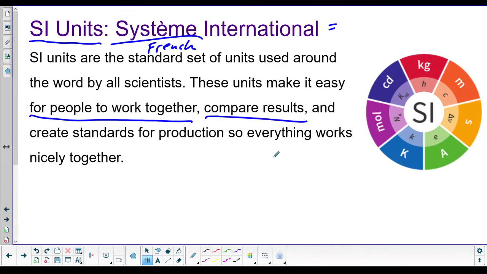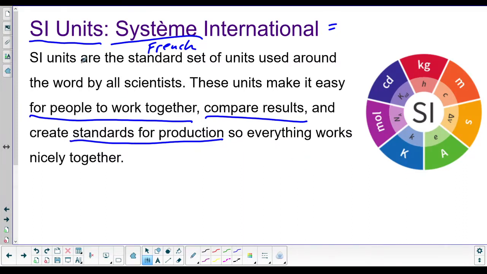It makes it easy for them to compare results, and it creates standards that, when you are engineering something, we can all nicely agree upon, right? If I say, how much weight does this shock for your car need to hold? And you tell me 12,000 stones, right? We're not like 12th century Vikings, right? I have no idea how much a stone weighs. Please give me a unit that everyone knows about.